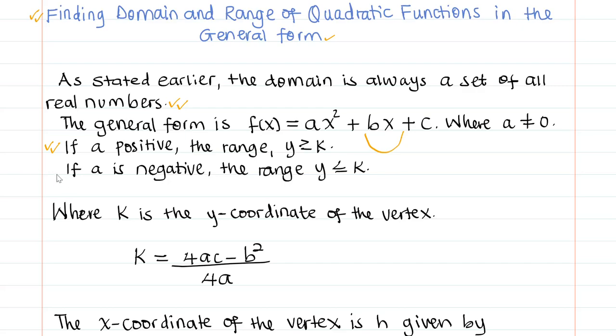And the second key point is, if a is negative, then the range y is less than or equal to k. Still, k is the y coordinate of the vertex. If a is negative, our curve looks like this.